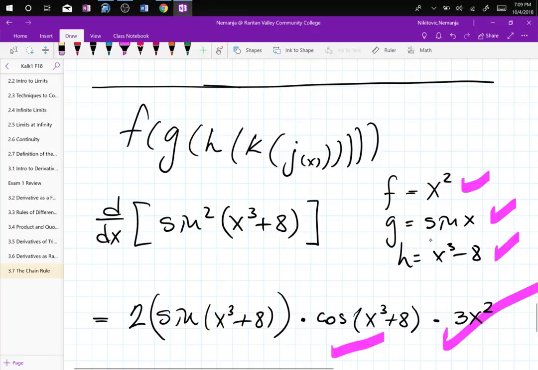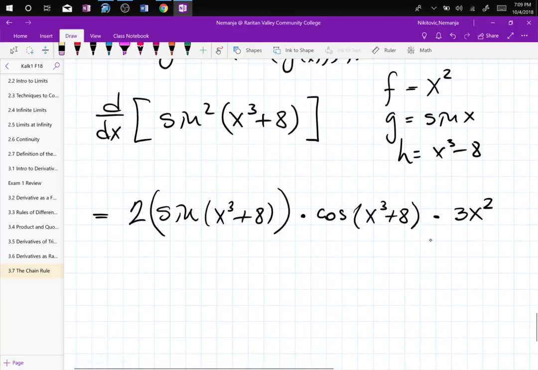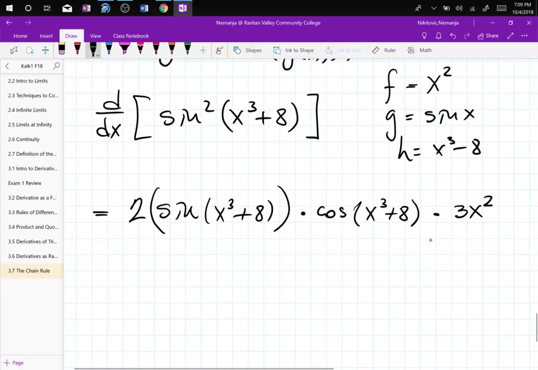Now, you can make this prettier by figuring. So we have 6x squared. Ooh, we can really do a good job. Hold on.